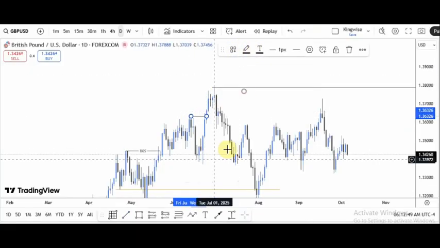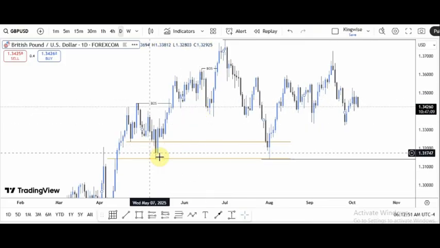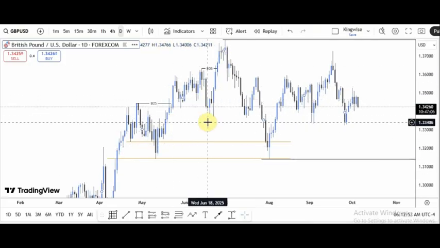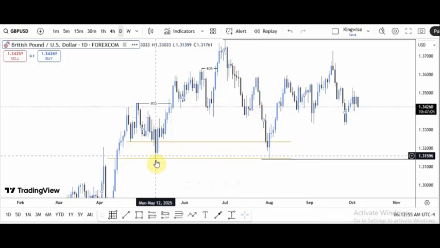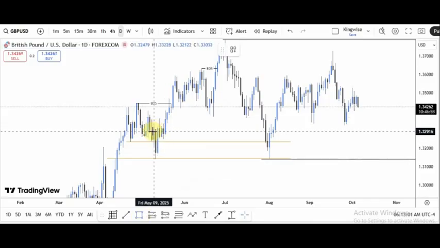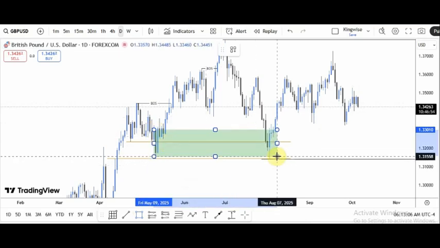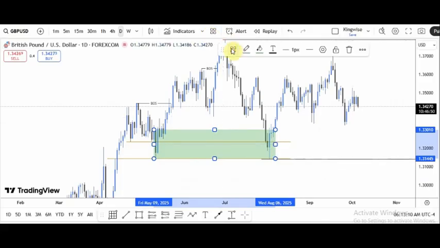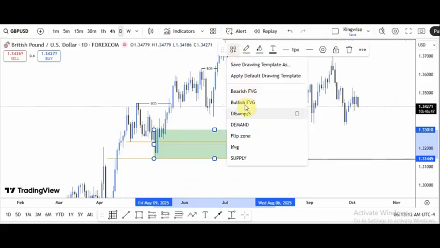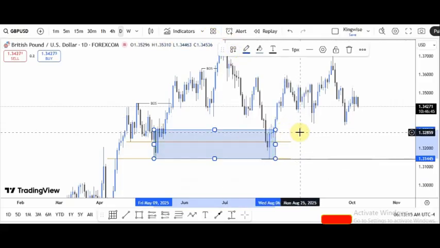What else can we see on the daily? We saw price came back down, took this side as liquidity, retested this demand zone, which is the origin that caused that breakout structure, retested this demand zone here, and pushed all the way to the upside.